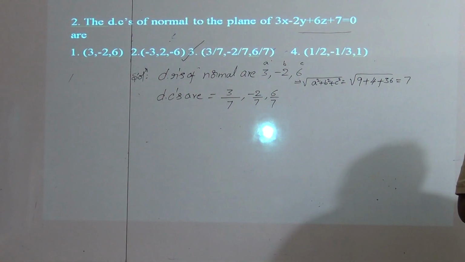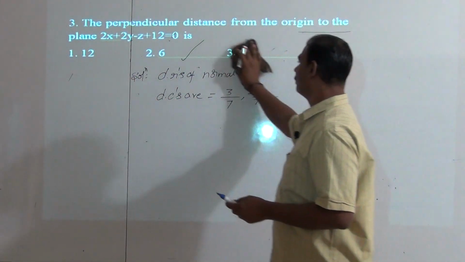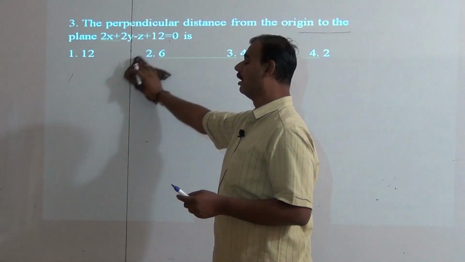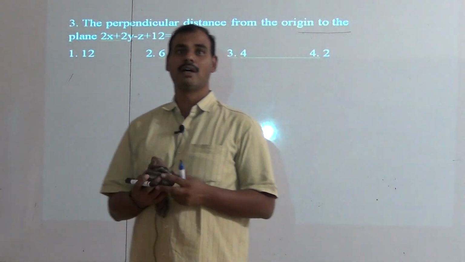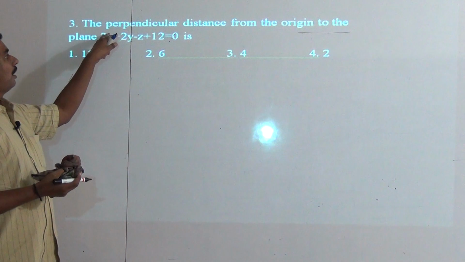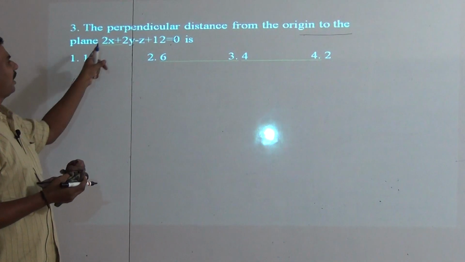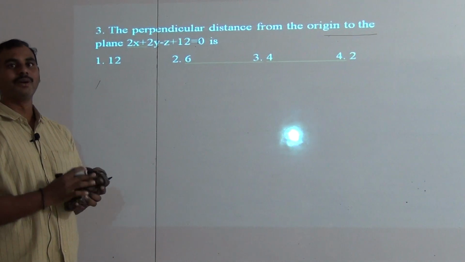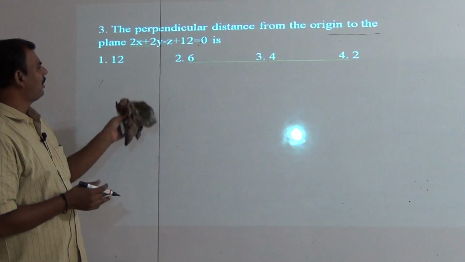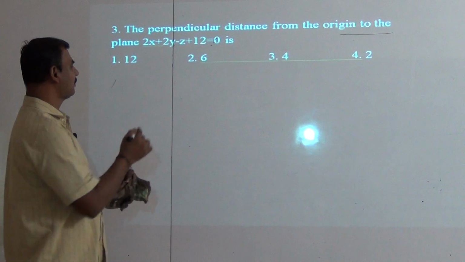Now go through question number 3. Read the question first: what is given, what is the suitable formula, and how to find it step by step. The perpendicular distance from the origin to the plane. We know the perpendicular distance very well, and there are different methods. You can use the direct perpendicular distance formula.